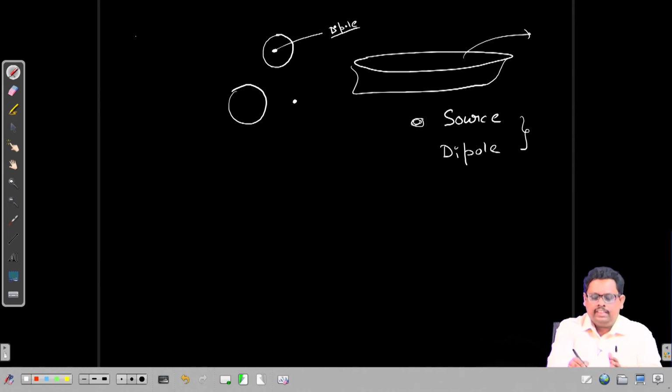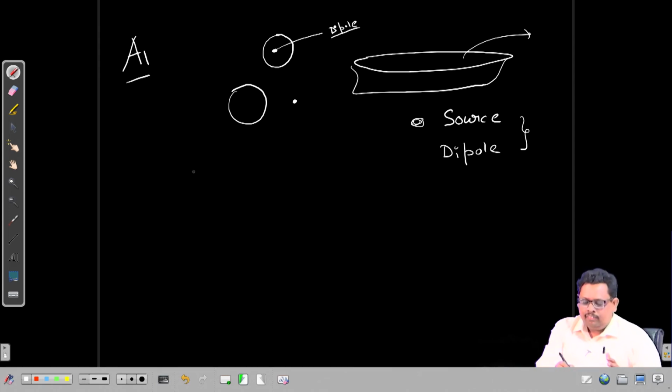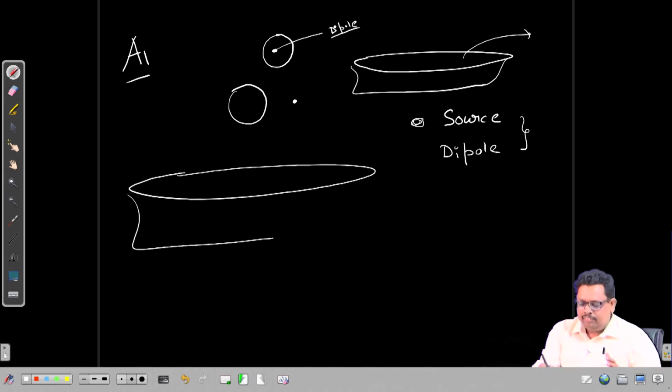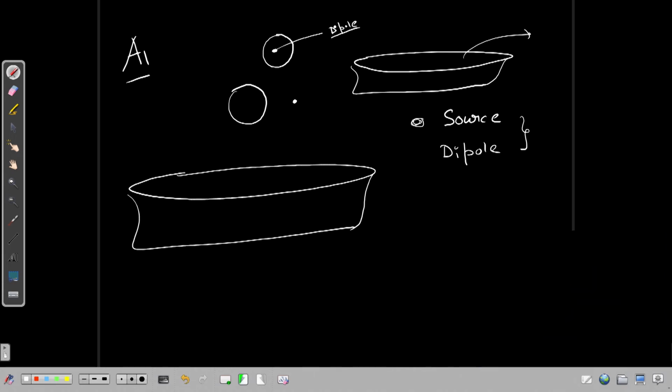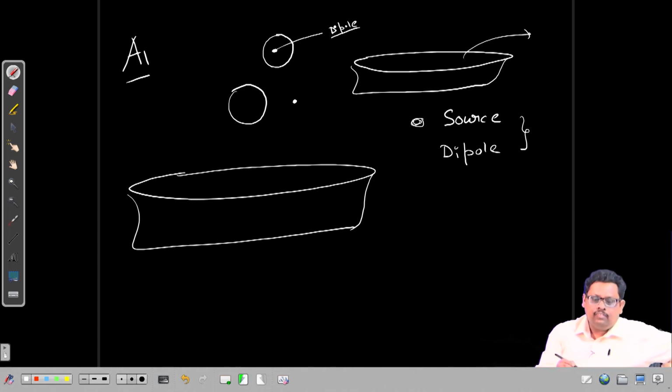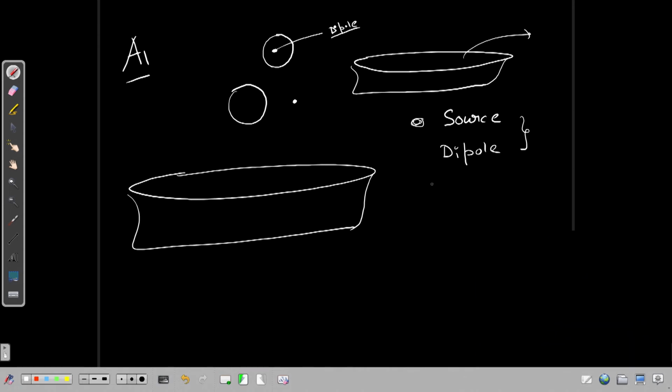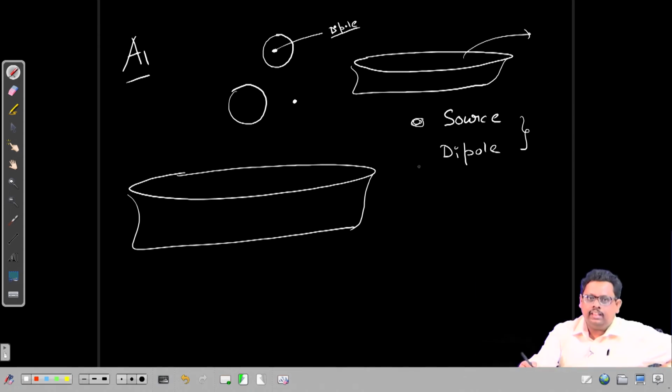Now, let us go with this method A1. In method A1, we need to find out this problem and then we discretize my body. And then how do I get the phi over here? Now, if you look at this integral equation, let me write it over again.